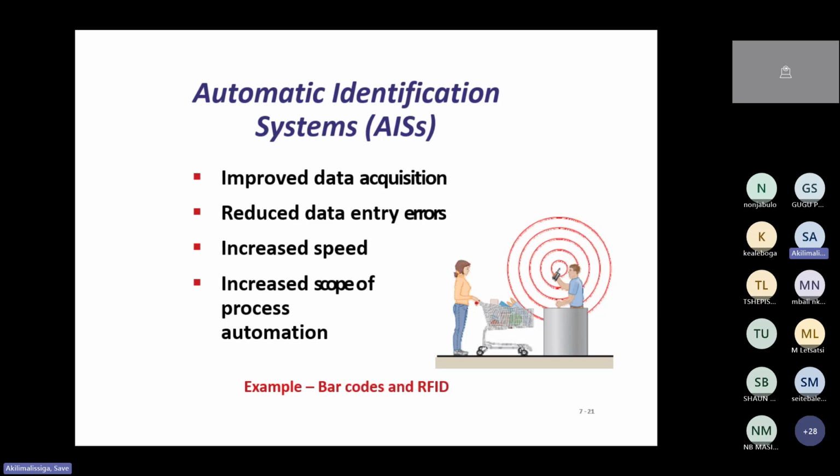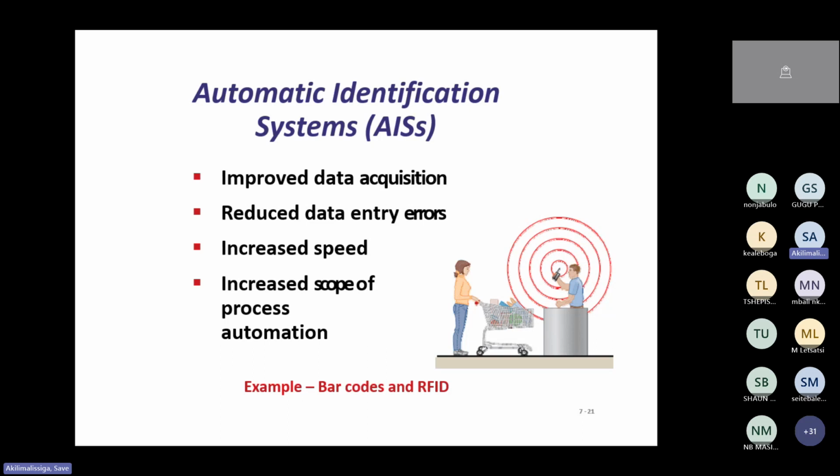That system is capable of identifying the product or the items with the barcode, and that reduces the errors that may occur in the process of scanning the product.